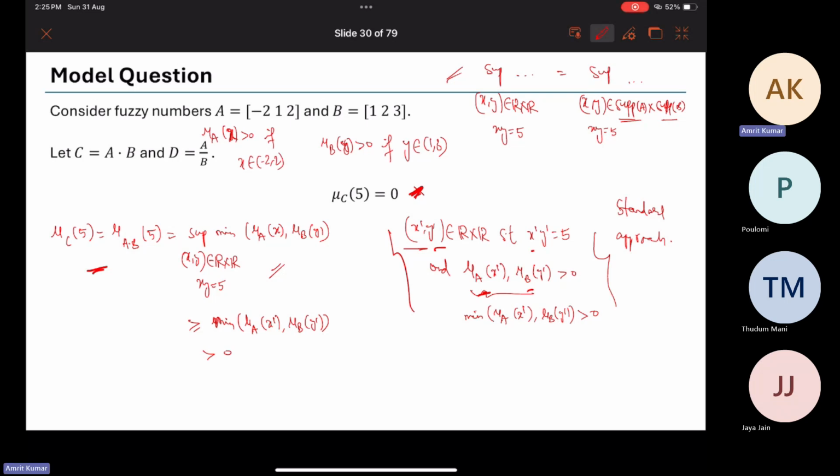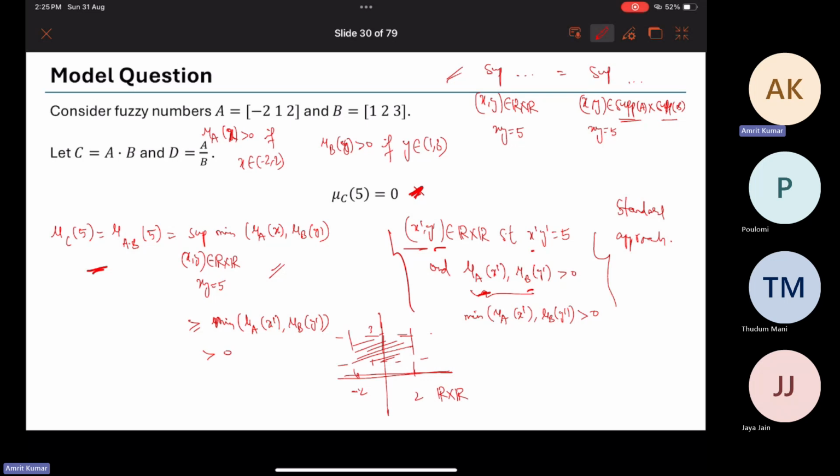So therefore, what we are interested in is this particular region. This is our entire plane R cross R, but we don't need to search this entire plane.